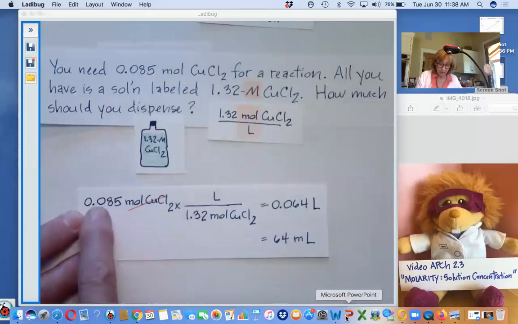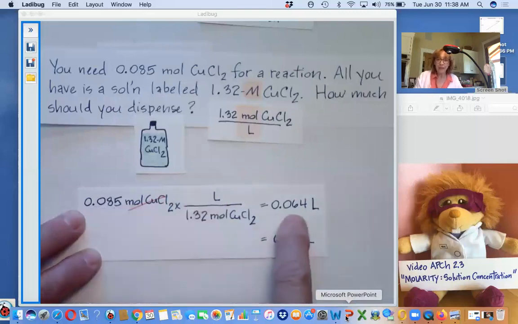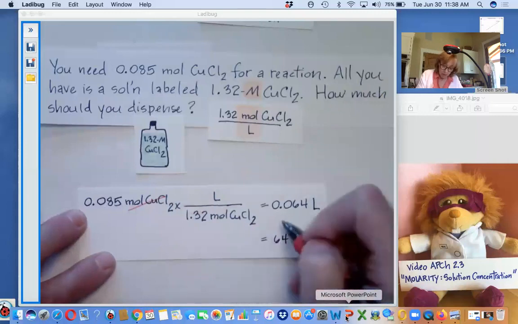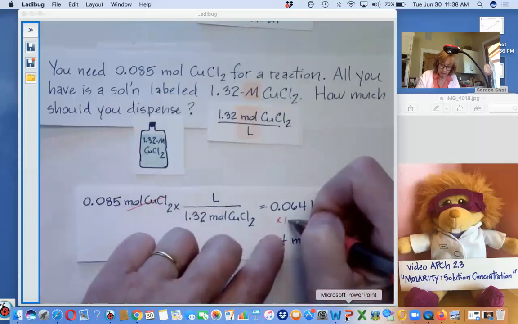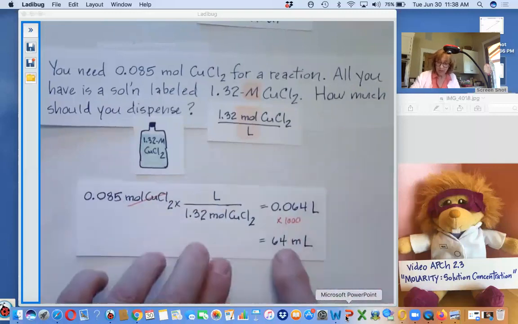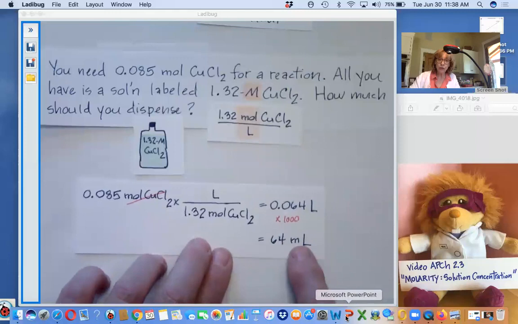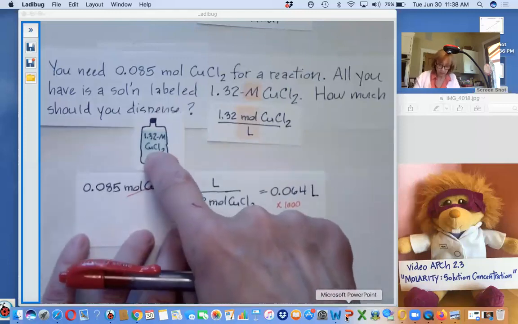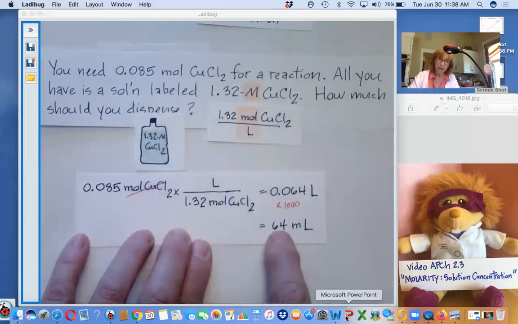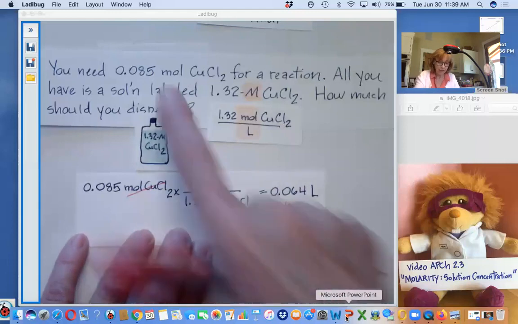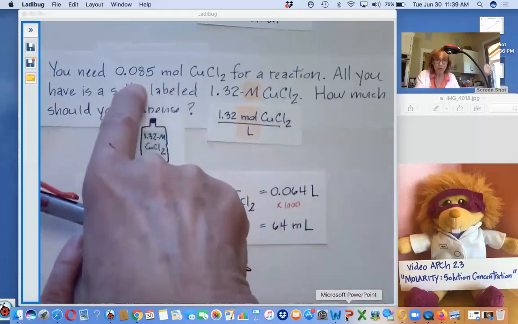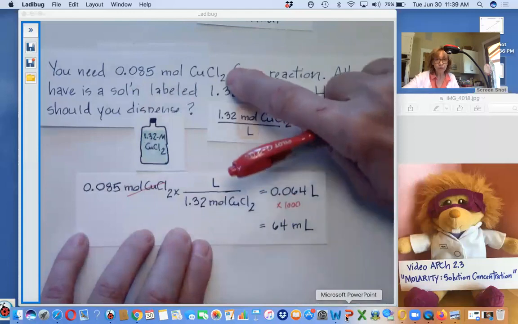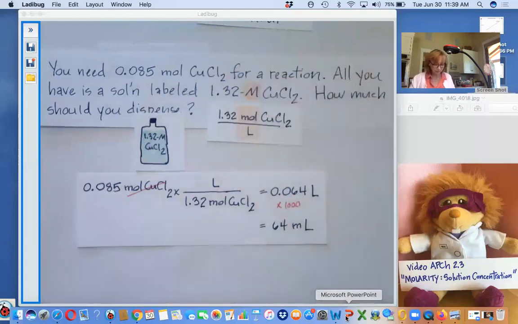So now I multiply and divide, and my answer is 0.064 liters, or multiply liters by 1,000 to turn that into milliliters. So I grab this bottle of concentrated copper chloride, and if I pour out 64 milliliters, I will know that in that 64 milliliters, I have the 0.085 moles of copper chloride needed.